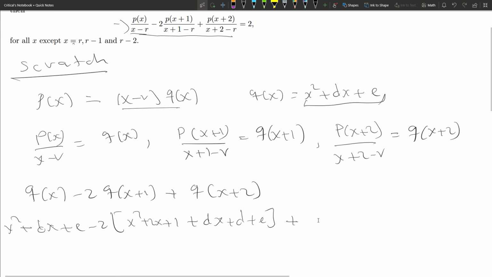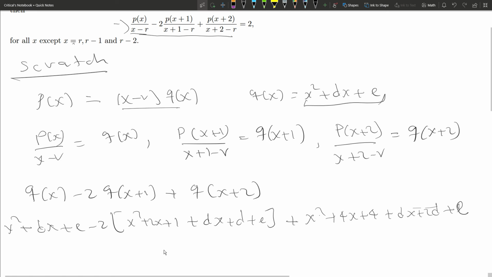Then we plug in x plus 2 into q of x, and we get x squared plus 4x plus 4 plus dx plus 2d plus e.